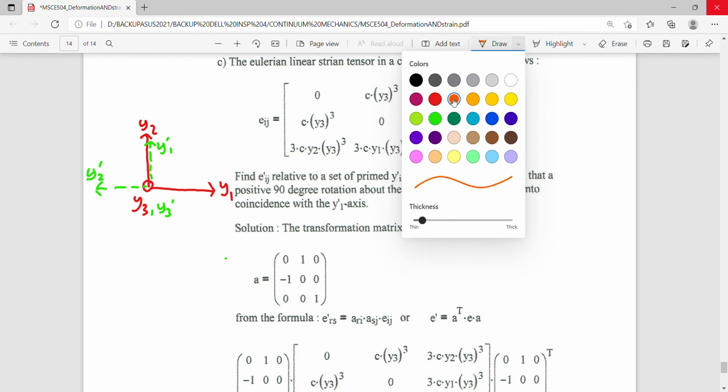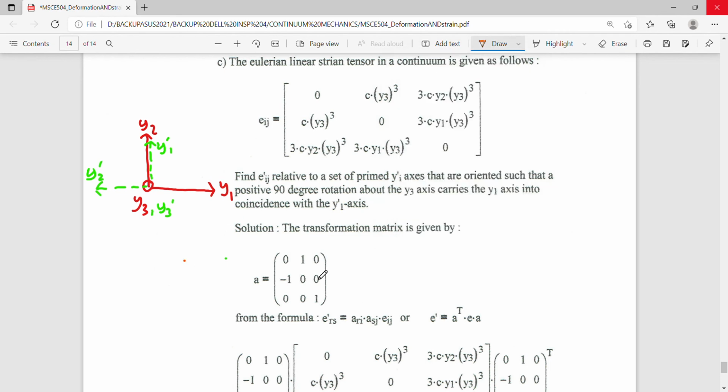Let's now find the angles for the direction cosines. What are my angles? For theta_ij, I take 1 going to 1 prime, which is 90 degrees, or pi over 2. Let's use 90.